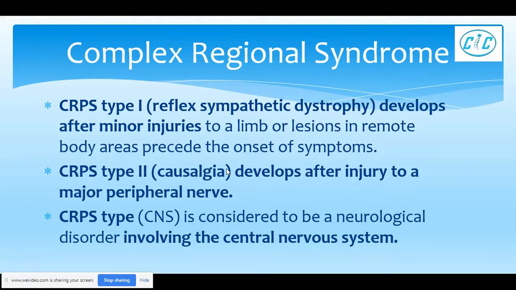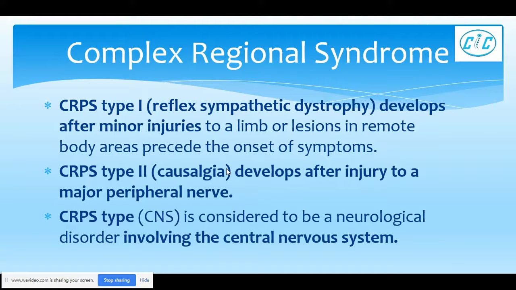As you notice, type 2 is causalgia, which is due to injury to the peripheral nerve, and the other is more of the reflex sympathetic dystrophy, which develops from some type of remote body injury. That means it is not caused by peripheral nerve damage, but by something happening somewhere in the body, and then it is referred or has an effect in other regions, more likely distal to that injury site than proximal, but it spreads out distally as well as proximally.